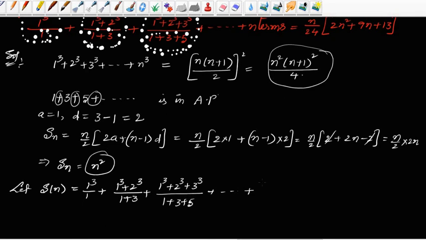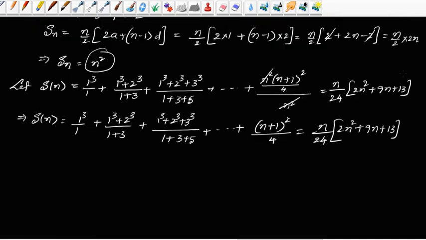That means n square into (n plus 1) whole square by 4, divided by n square. So that is the LHS. Now RHS, n by 24 into (2n square plus 9n plus 13). Now cancelling n square and n square, you will get this answer.